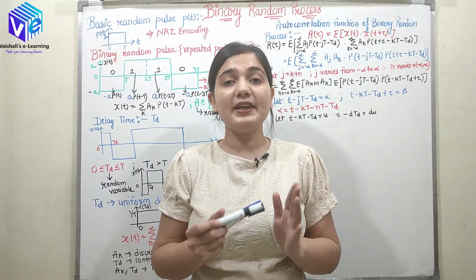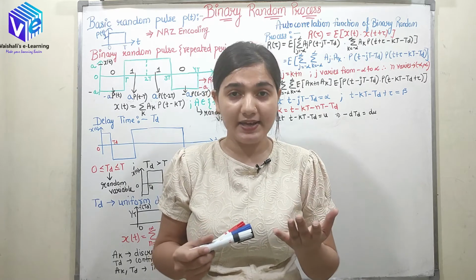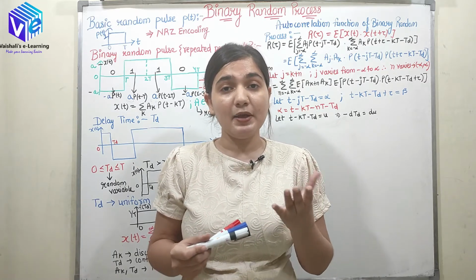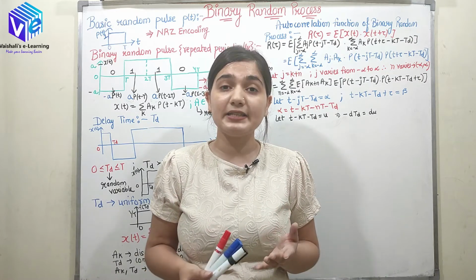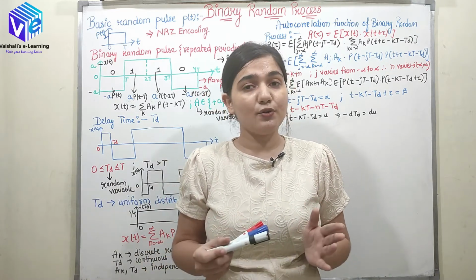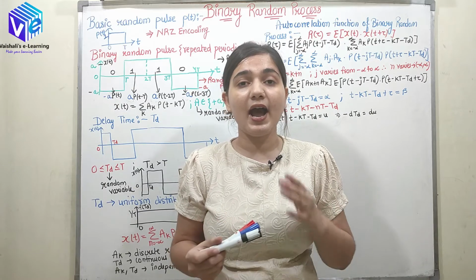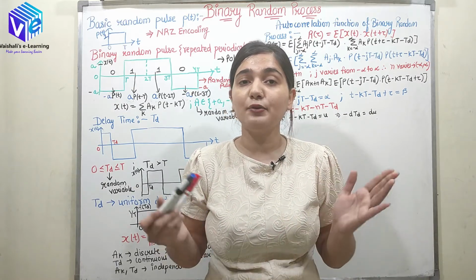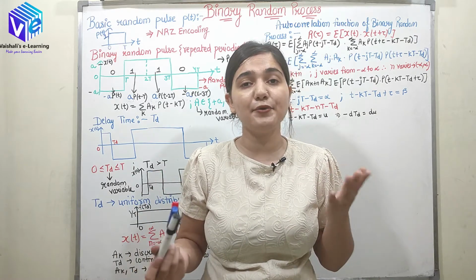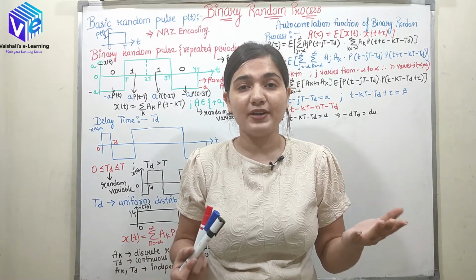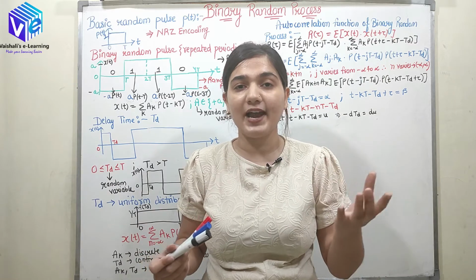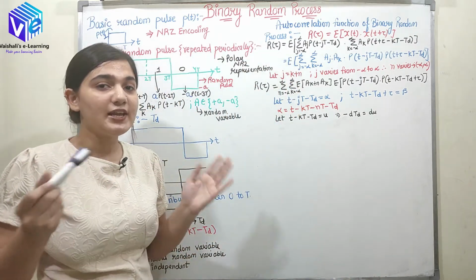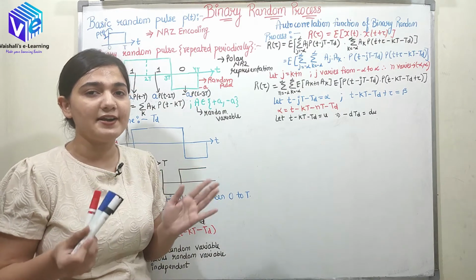For example, in polar line encoding I represent 1 with the positive amplitude and 0 with the negative amplitude. So in polar line encoding I have a binary random process, because I don't know where I have 0 and where I have 1 in the data. The data is random. According to that I have generated a pulse which is random and has only two levels, so it is a binary random process.